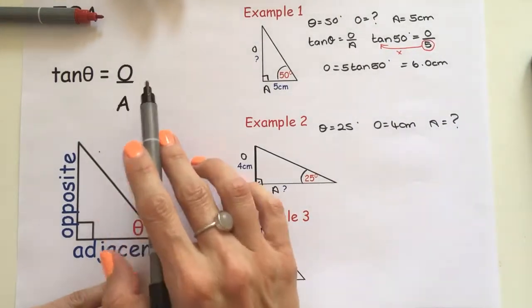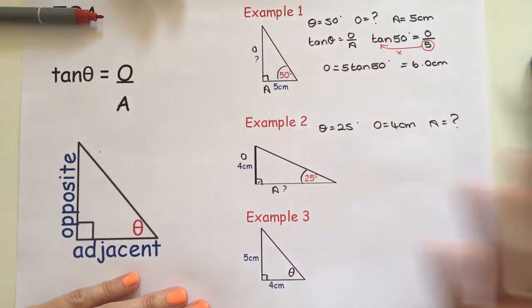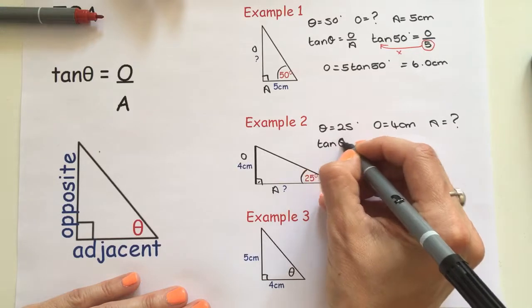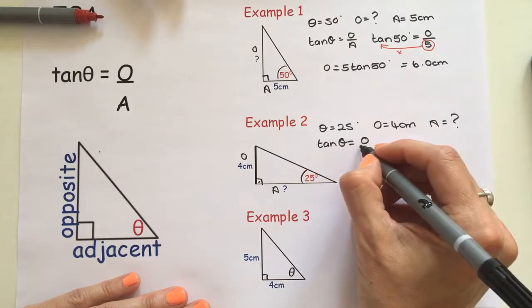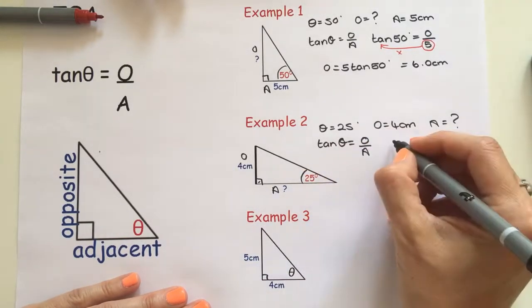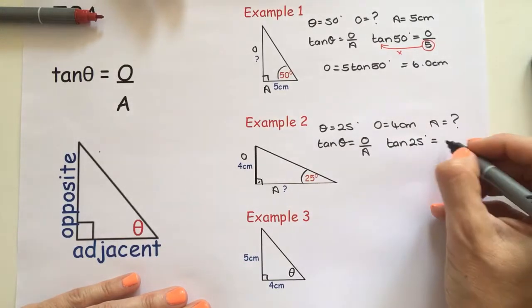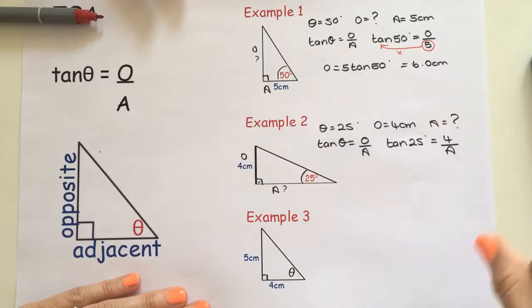So again, theta, O, A, no reference to H, so it has to be tan theta equals O divided by A. Substitute: tan 25 degrees equals 4 over A.